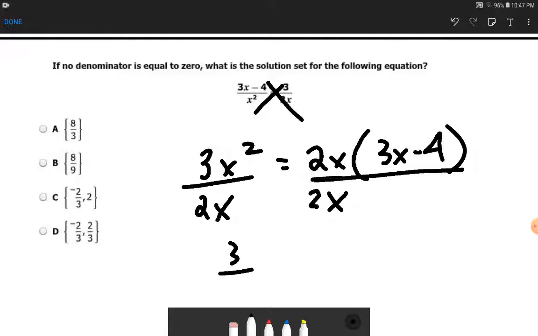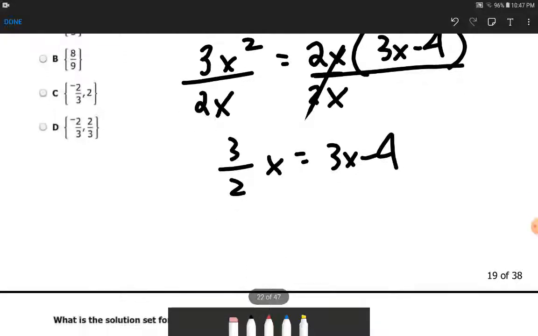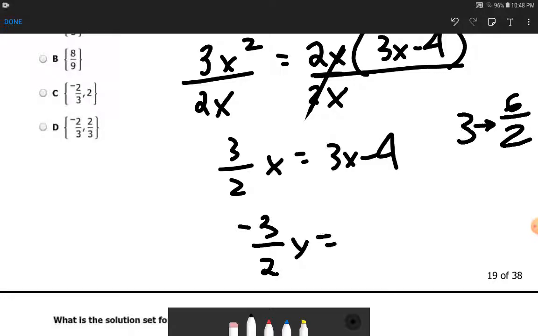We will get 3/2 x equals 3x minus 4. We want to get our x's on one side, so we're going to subtract. So first we're going to get the similar denominator. So 3 is going to become 6/2. So then we're going to subtract 3x on both sides. So that would be the same as 3/2 minus 6/2, which is -3/2. X equals -4.